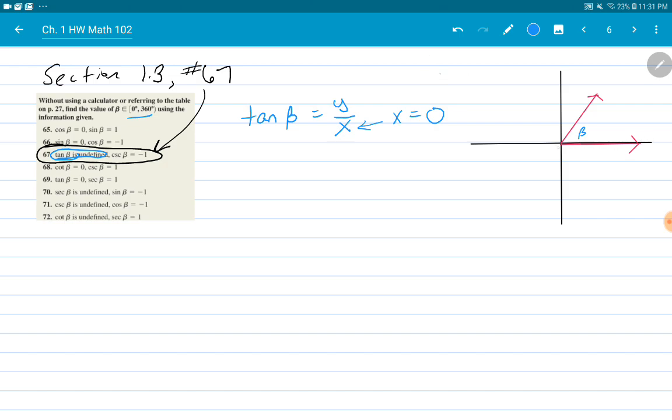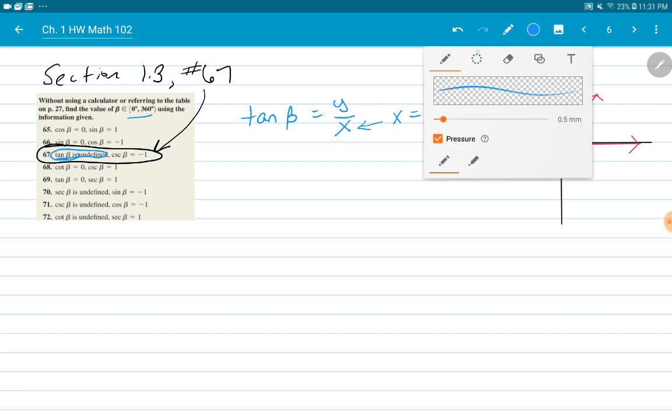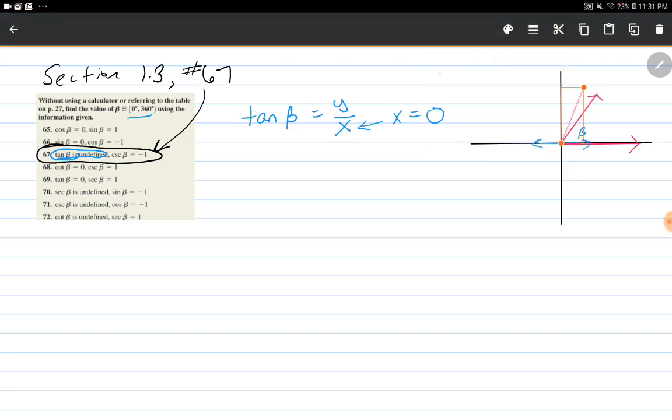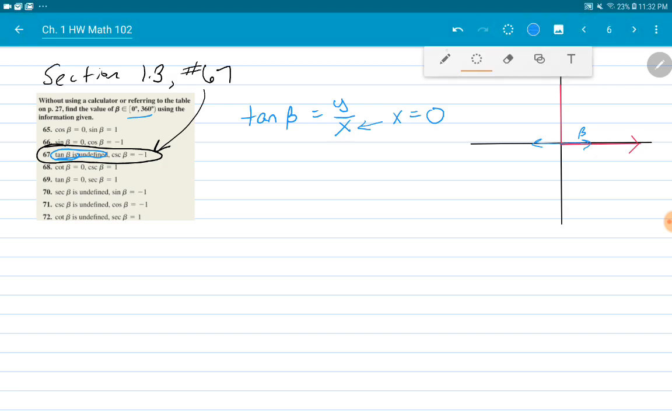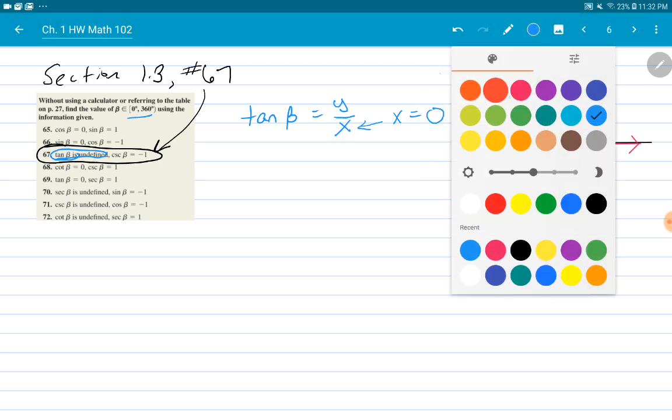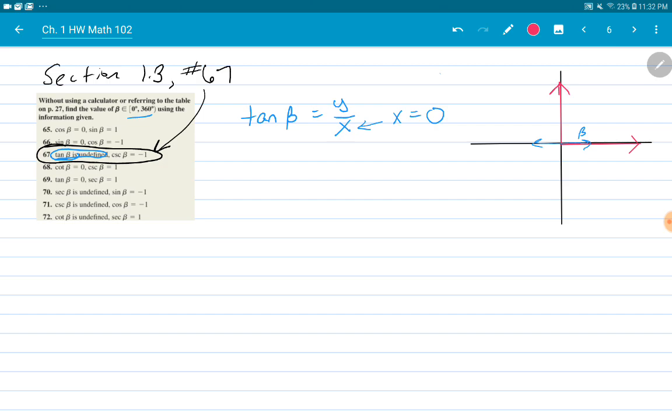So if x equals 0, it means it can't go this way or that way. So it has to be on the y-axis. So this terminal side has to be up here. It has to be here or here, but it's definitely on the y-axis.